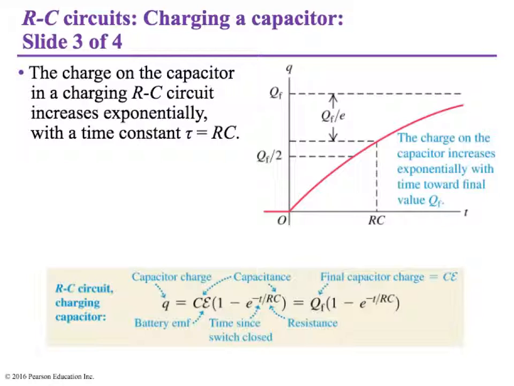So where we stopped in class, we were talking about how we charge a capacitor and the expression that we have for the charge and how it changes as a function of time.